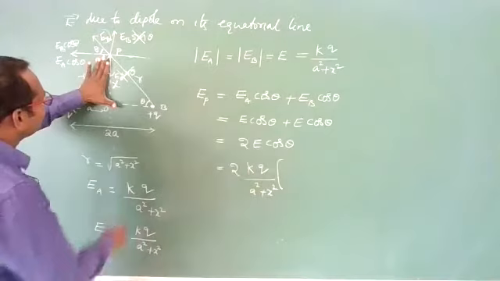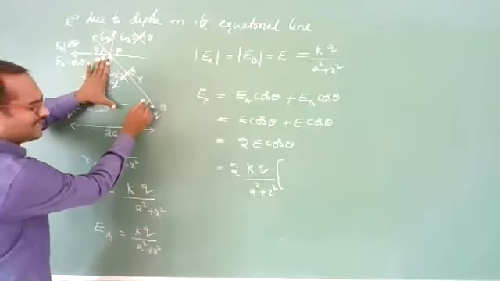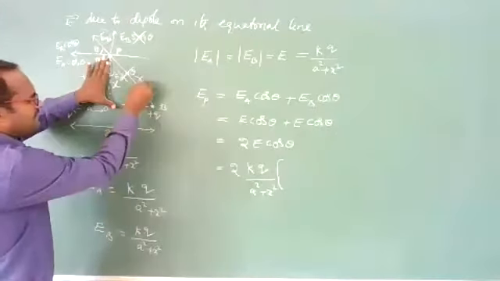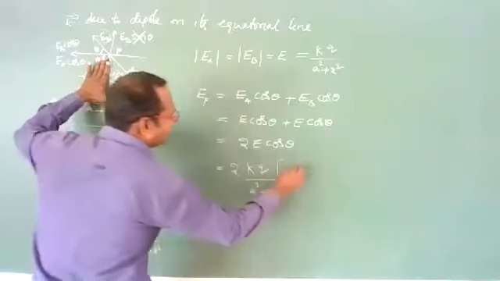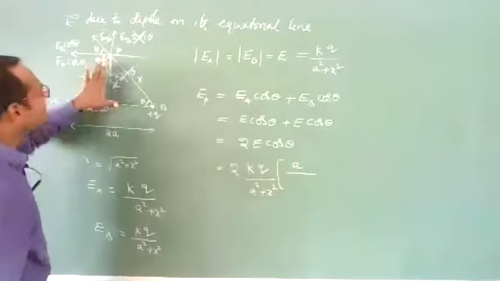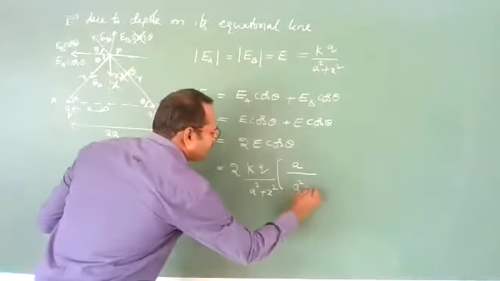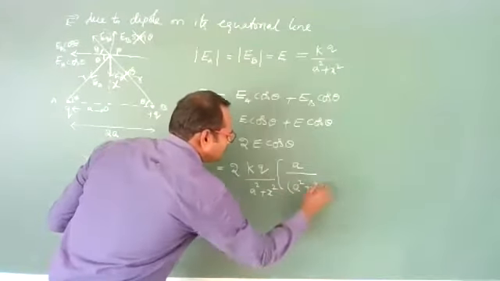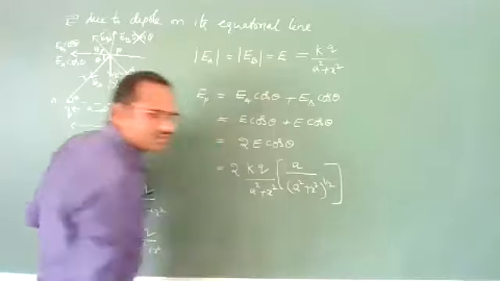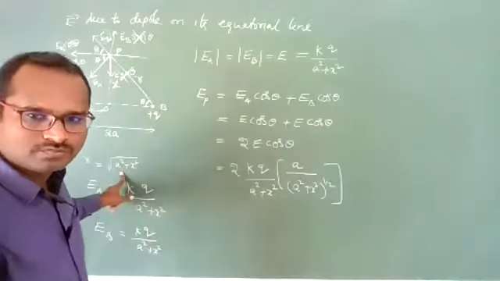See from this triangle. Cos theta means what? Adjacent side by hypotenuse. Adjacent side is a. Hypotenuse is r. What is r? Under root a square plus x square. Yes, this is cos theta. Clear, students?